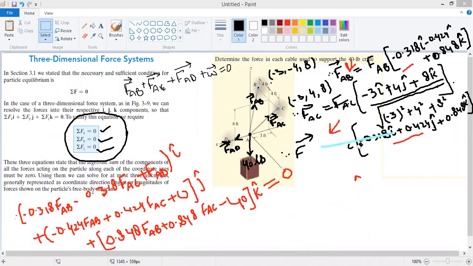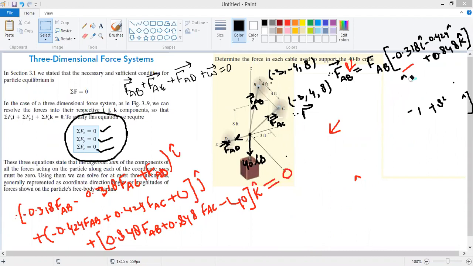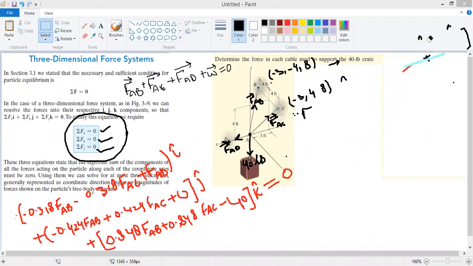Now individually, since we have a vector having components along x, y, and z with the right-hand side equal to 0, it is quite evident that the component along the x-axis should be 0, the component along the y-axis should be 0, and the component along the z-axis should be 0, because this can be written as 0 i cap plus 0 j cap plus 0 k cap.